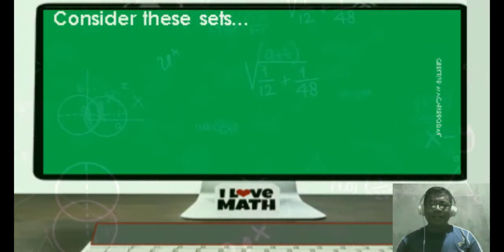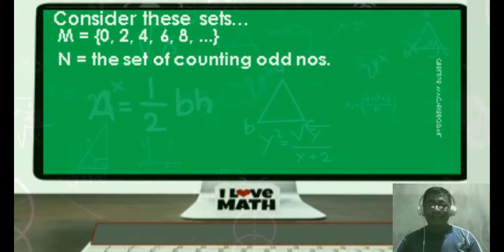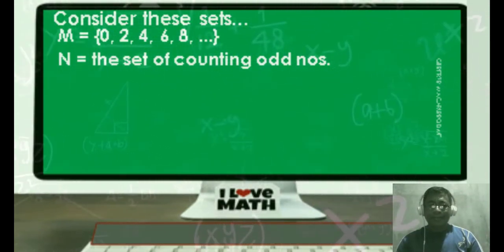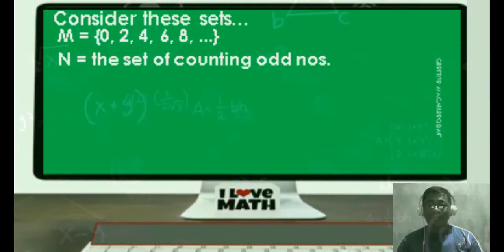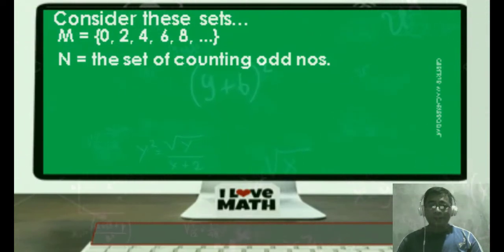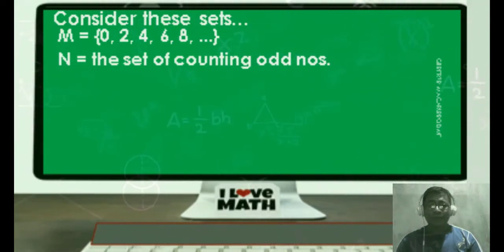Consider again another pair of sets. We have here set M and set N. Set M is equal to 0, 2, 4, 6, 8. And set N is equal to the set of counting odd numbers, which are 1, 3, 5, 7, 9, 11, and so forth and so on.